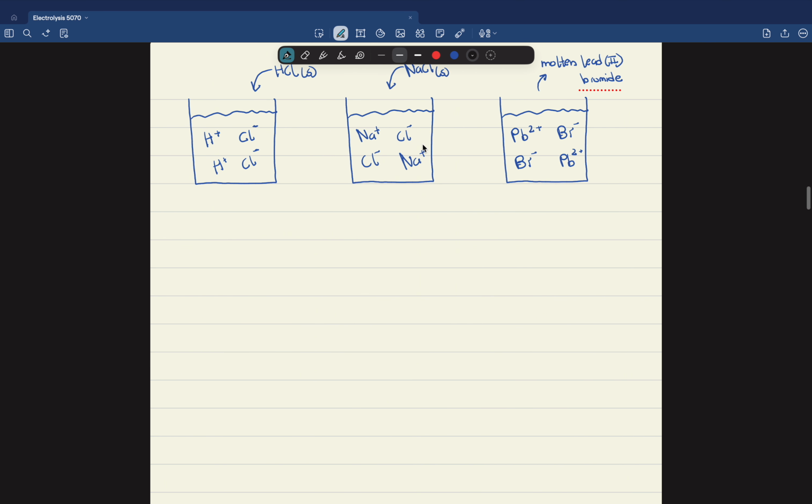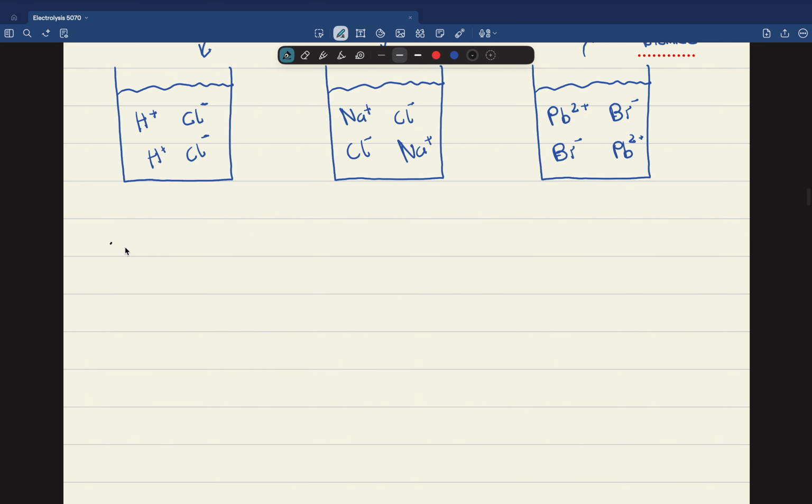All right. Okay. Let's talk about electrolysis of molten lead bromide as the syllabus content says. Electrolysis of molten lead bromide. What do we mean by molten?